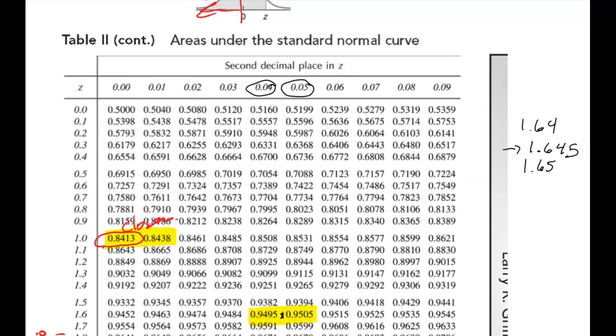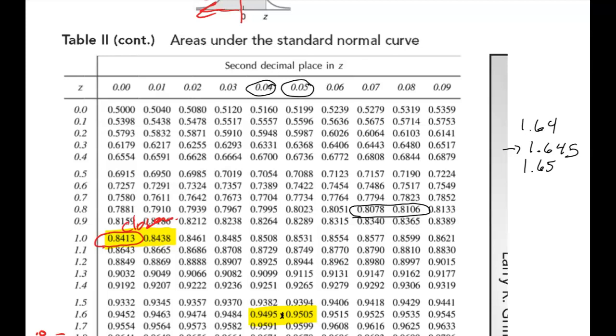Okay, so 0.875 is directly between 0.87 and 0.88. It's actually exactly in between them.